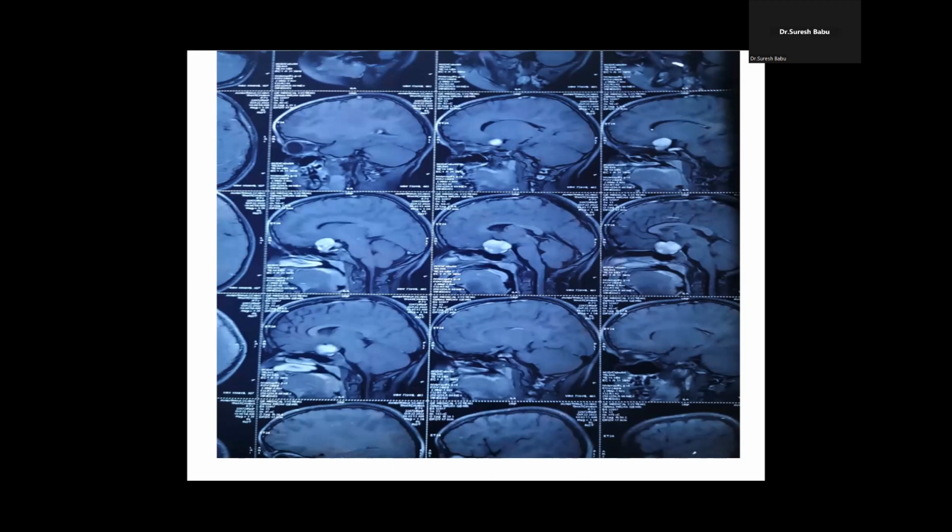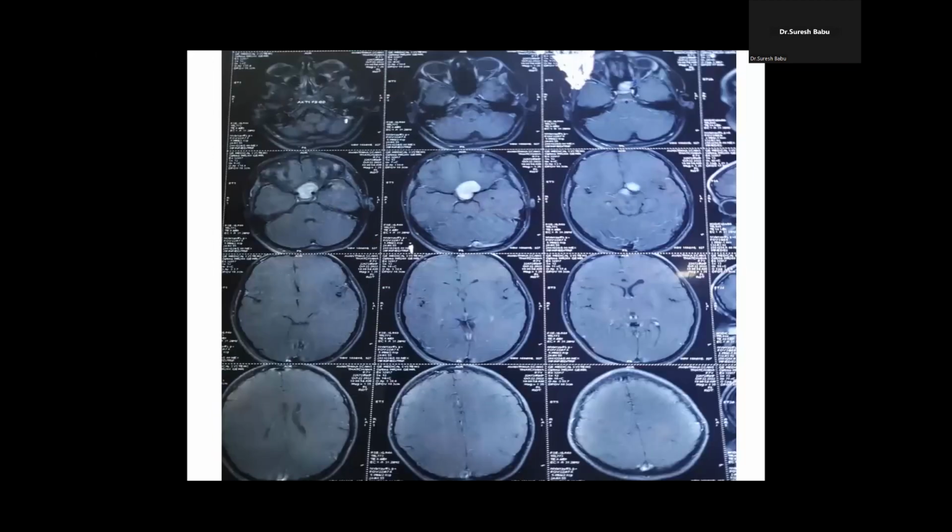The growth extends to the left optic nerve as well as the chiasm. The chiasm could not be separately identified. That is edema of the chiasm. And this is the axial view.